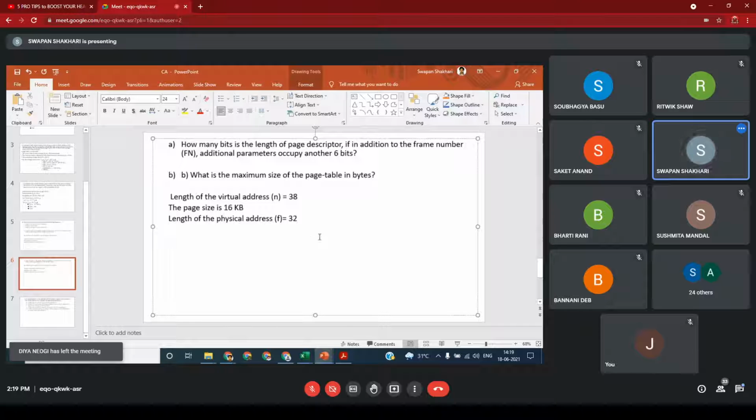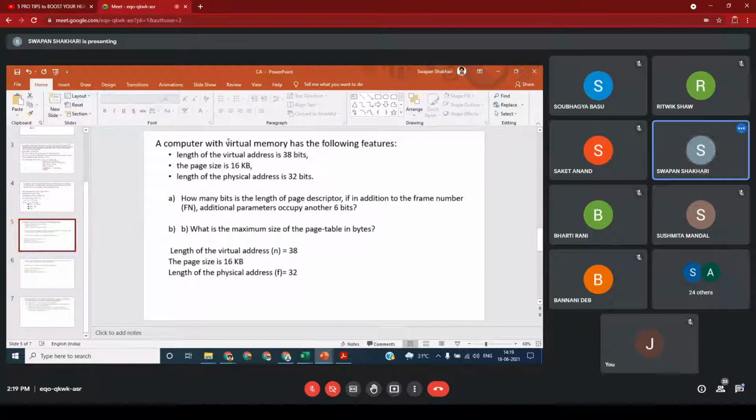Now you can calculate the total number of pages in the virtual memory. Okay.